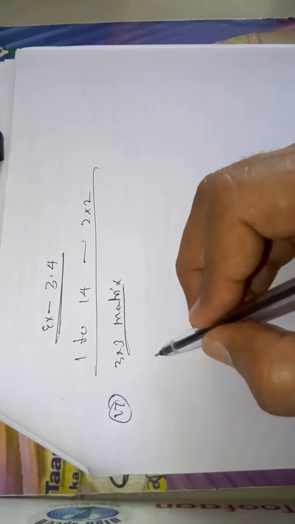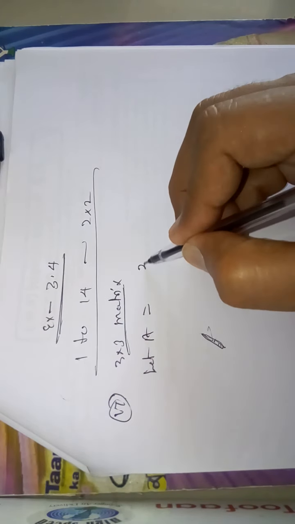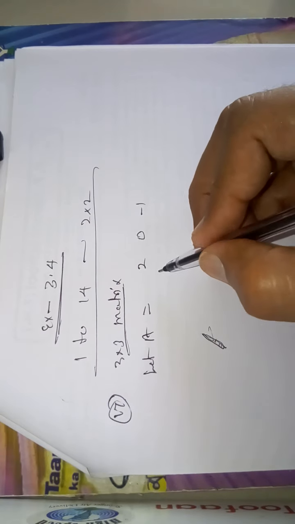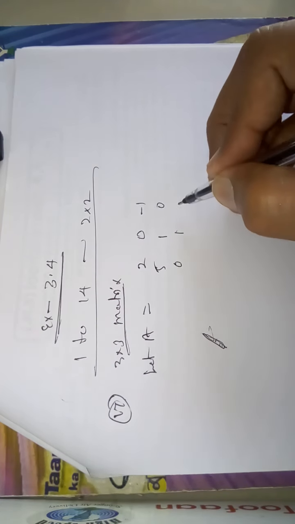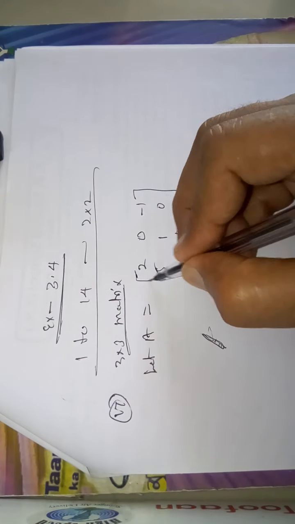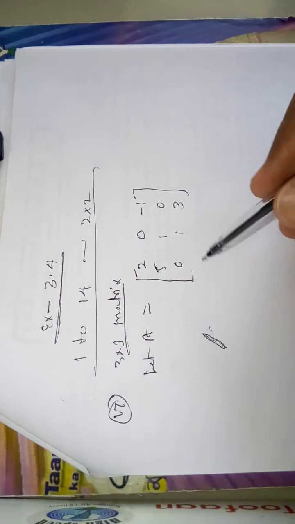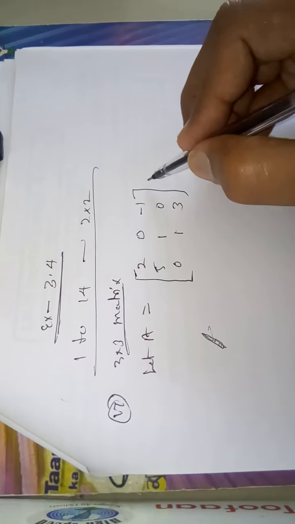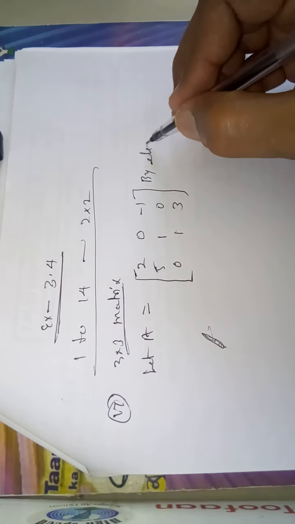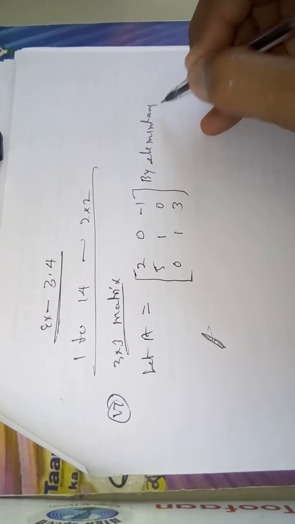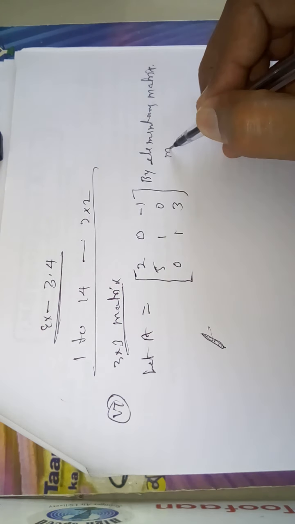So let A equal to 2 0 minus 1, 5 1 0, 0 1 3. Find the inverse matrix by the elementary matrix method.